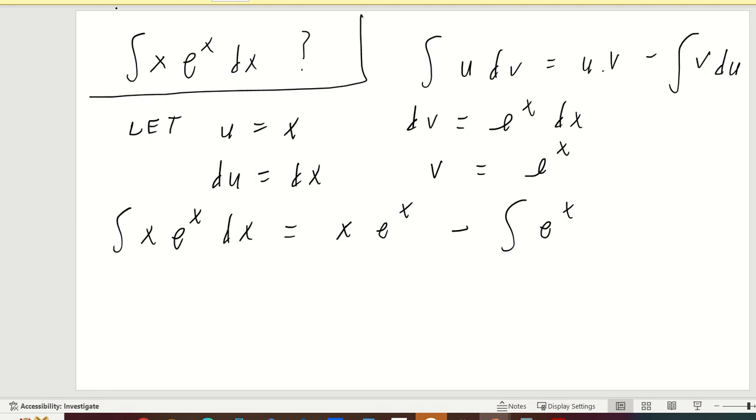And what is du? Well, du is just equal to dx, so we can fill that in. And then this is just equal to x by e to the x minus the integral of e to the x, which is just e to the x, and we never forget our constant of integration, c. So that's the integral there.